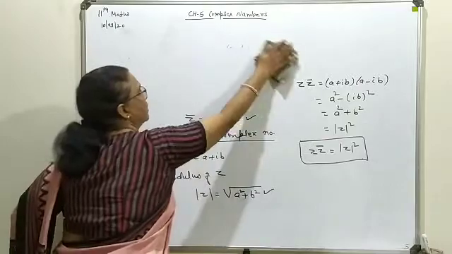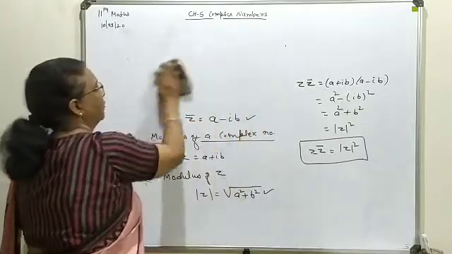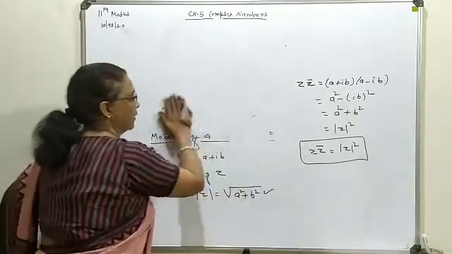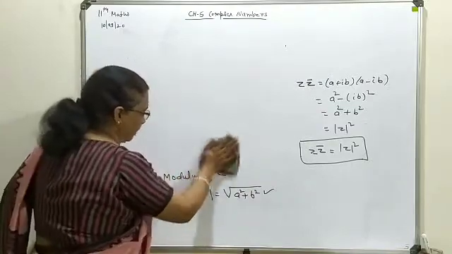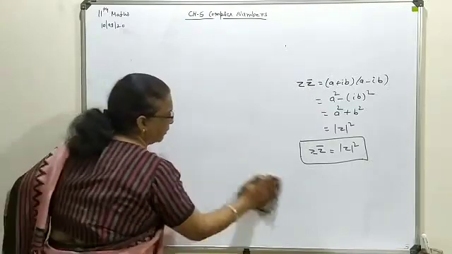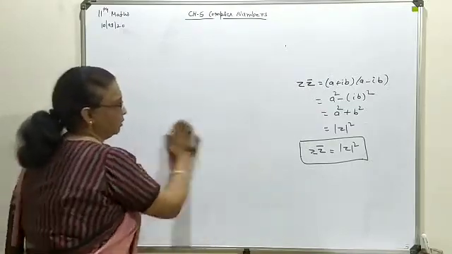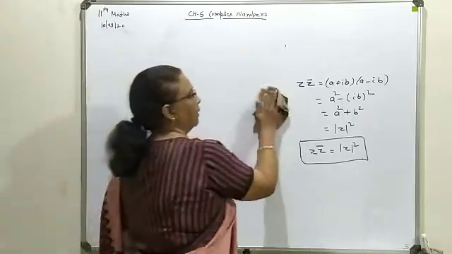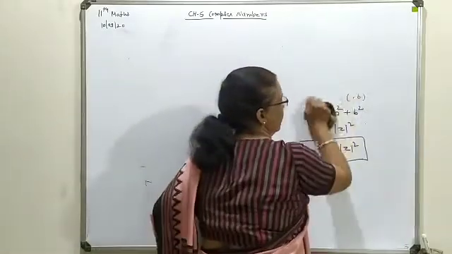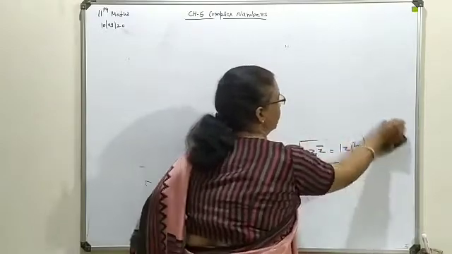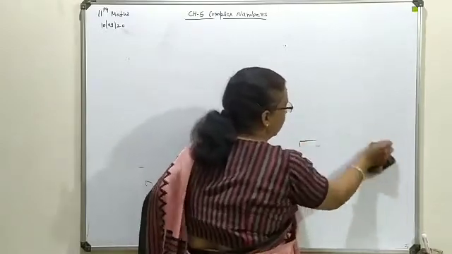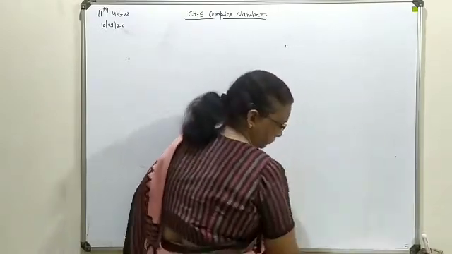Now we are going to attend some questions from the exercise, in which, at the beginning of the exercise, questions are given with various combinations and different powers. You have to convert the given question into the standard form, that is the a plus ib form, the standard form of a complex number.